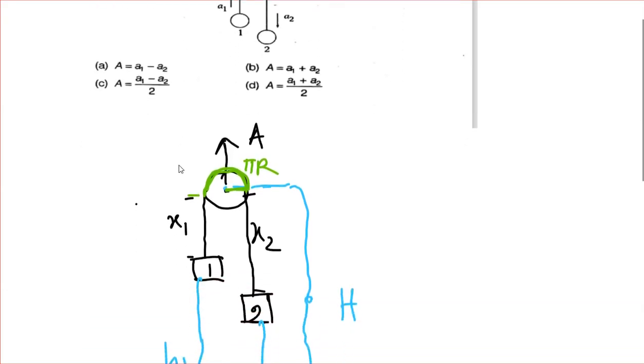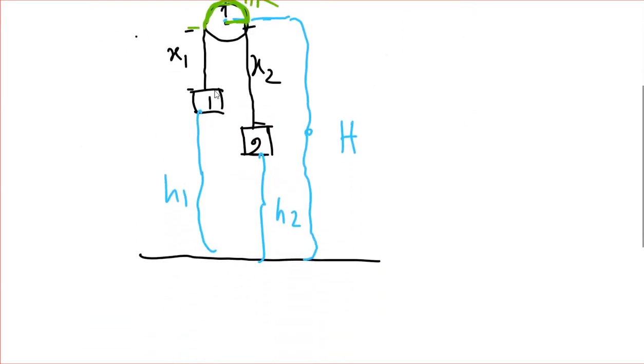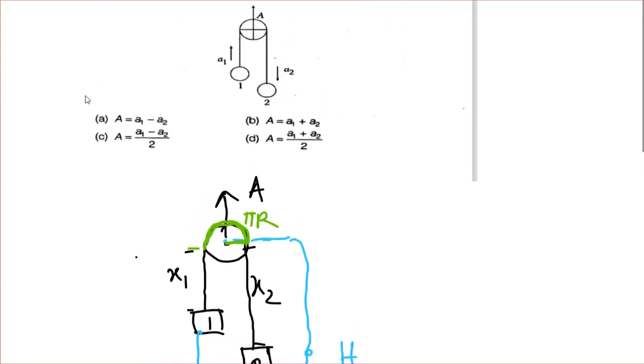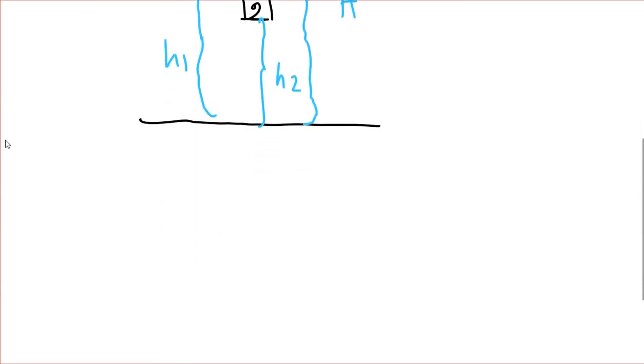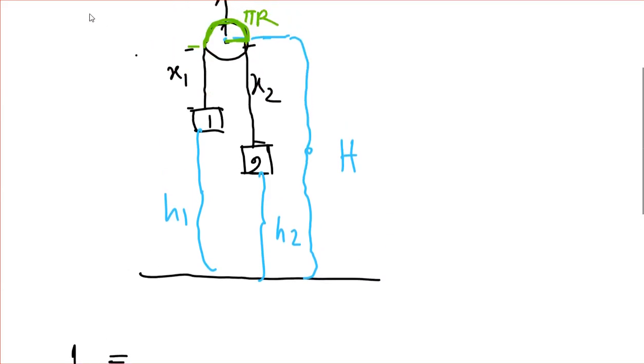So now we have to calculate to find this relation. What is the total length of the string? The total length of the string L will be this x1 plus pi r plus this x2.